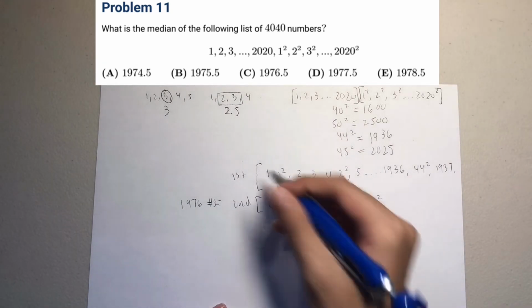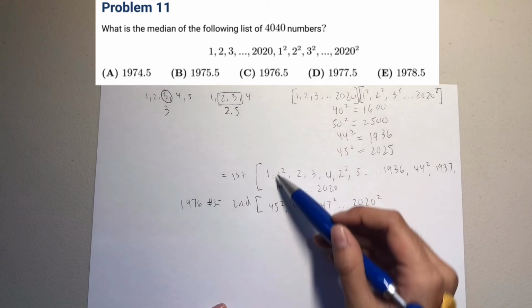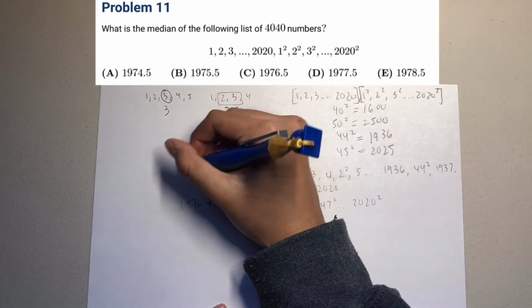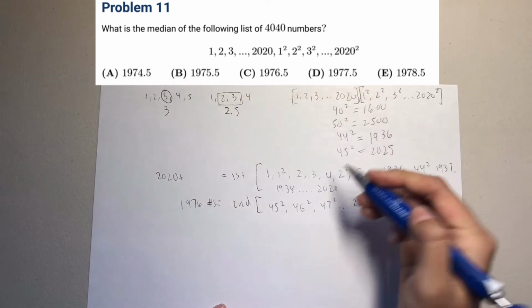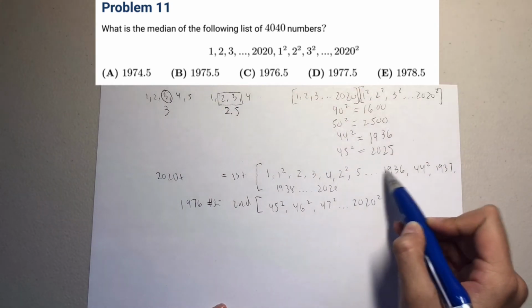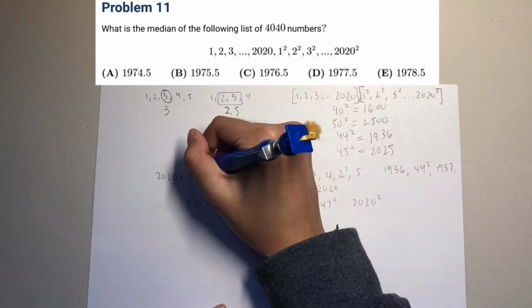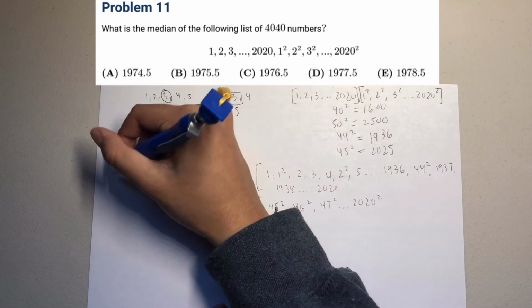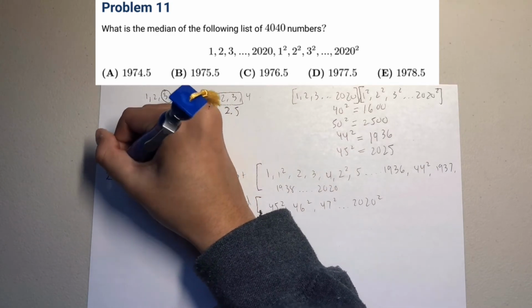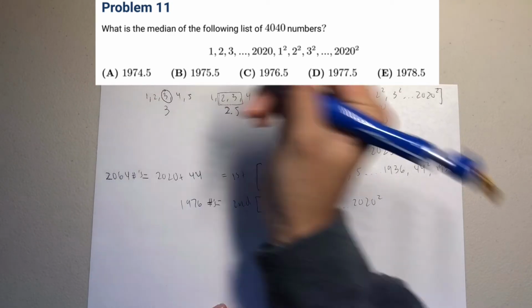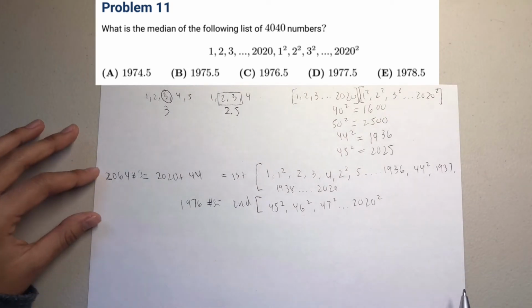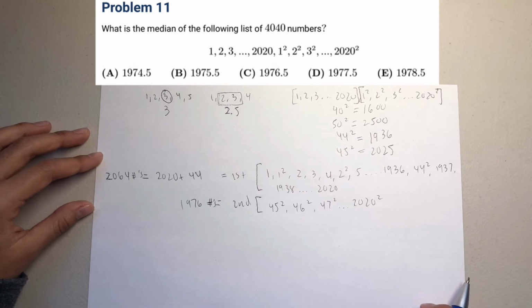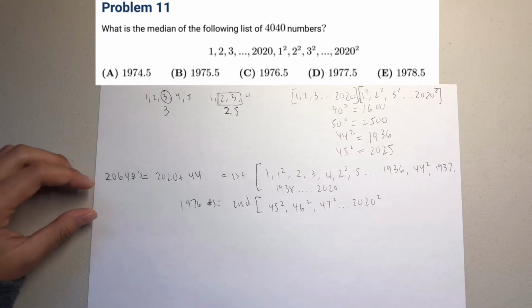And in this part of the list, there are 1, 2, 3, 4, all the way to 2020, so that would be 2020 plus 1 squared, 2 squared, 3 squared, all the way to 44 squared. So that would be 44, which is equal to 2,064 numbers. So this is not split evenly. It would be nice if it was split evenly so we can find the median, but it's not.